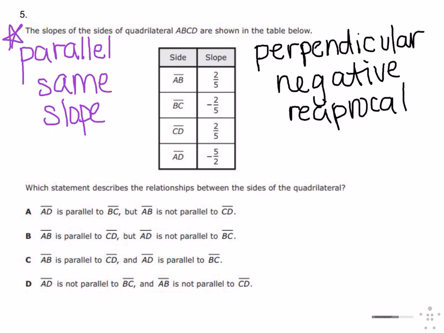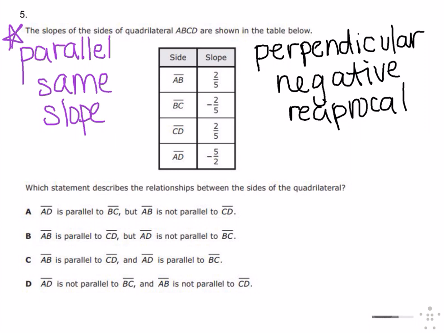For example, right here, line segment CD and line segment AD, I know that those are perpendicular to each other because they have a negative reciprocal slope. All you do is flip the numerator and denominator, and then you make it negative or make it positive. Okay, so let's look at the answer choices.